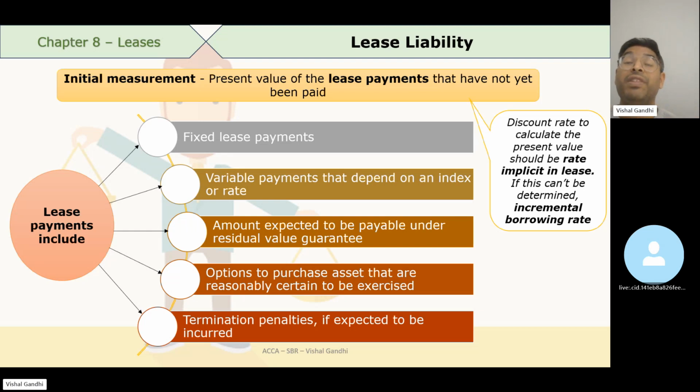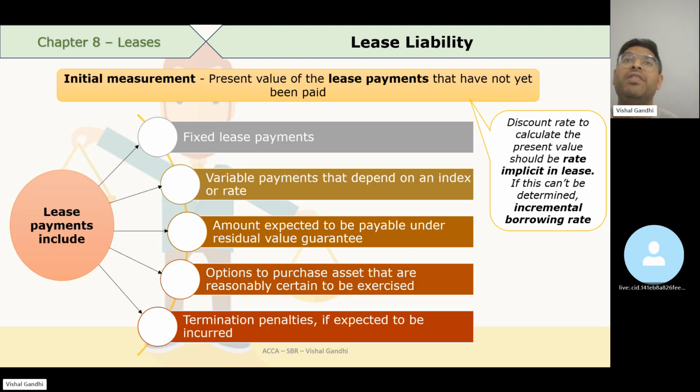From that person's perspective, what happens? He gets money, so he gets cash, one asset, right? And then he has an obligation or responsibility to pay off that loan, which is a liability. So he gets one asset and he is obliged to pay one liability.